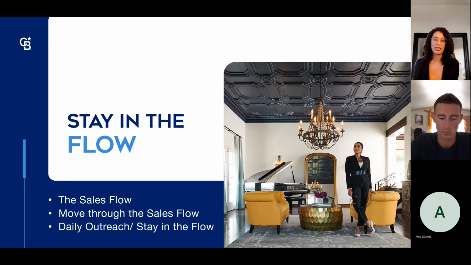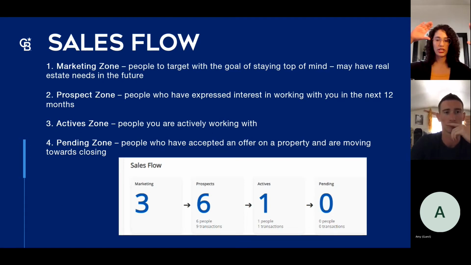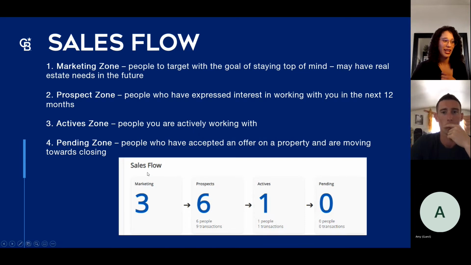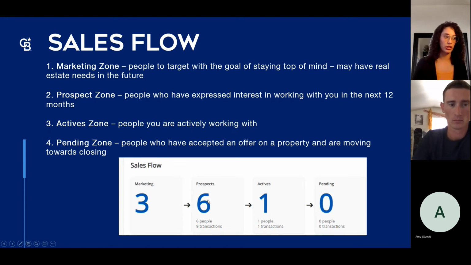So how are we going to use Stay in the Flow? Stay in the Flow is that window where it's going to tell you how many people you have in your sphere that are under your marketing. But it also will tell you how many people you have in a prospecting transaction. That way, you know, okay, I need to reach out at least to these 6 people on a regular basis.